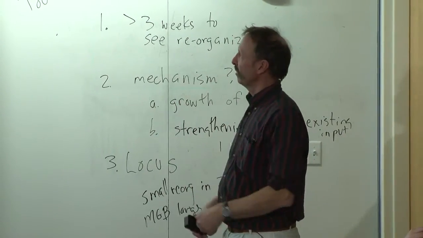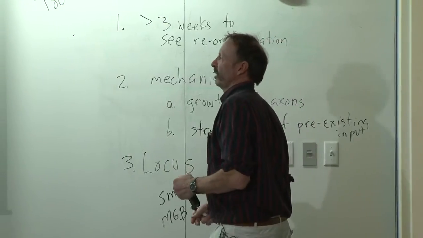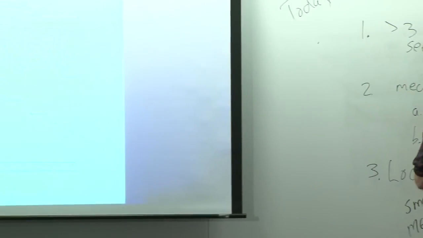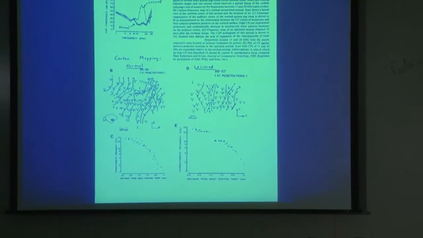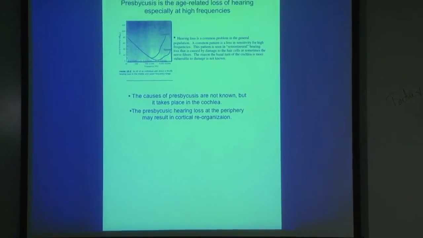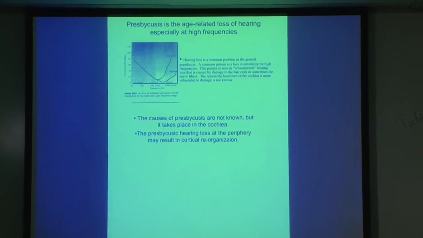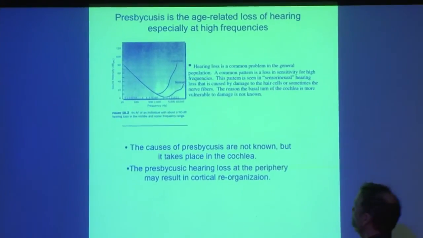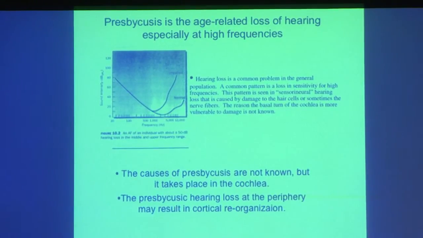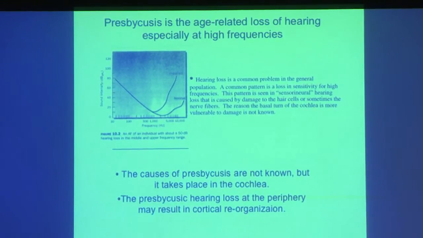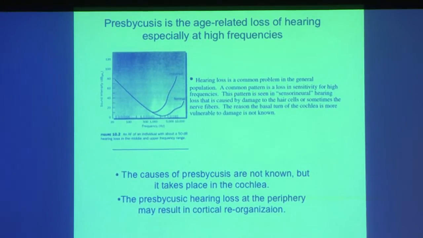Now, who cares? We usually don't have hearing losses, right? Well, I should remind you that we had a big lecture on hearing loss, and let me show you one of the slides from it. I've given it a new title now because, I don't know, I was thinking about getting old this week.